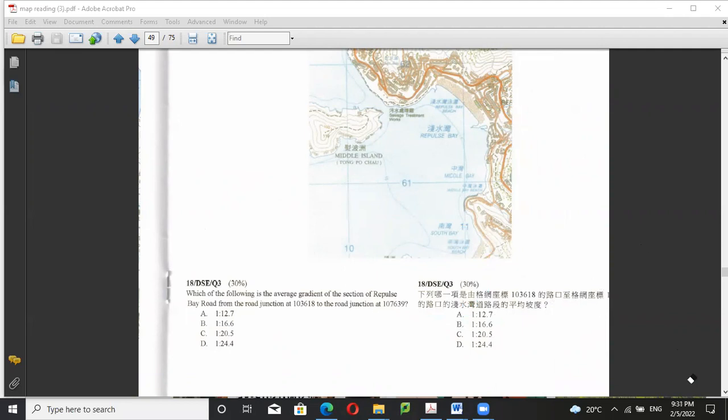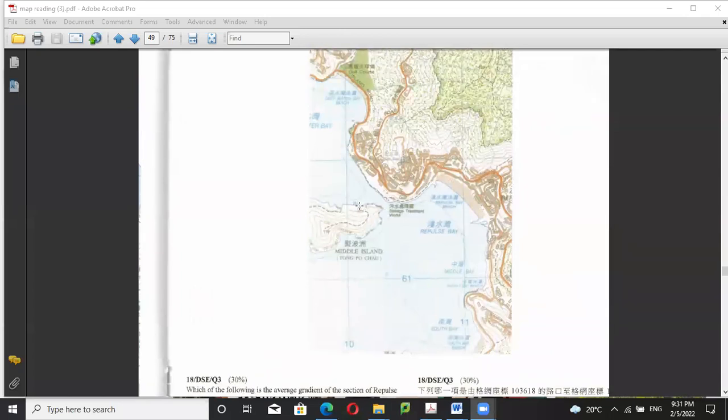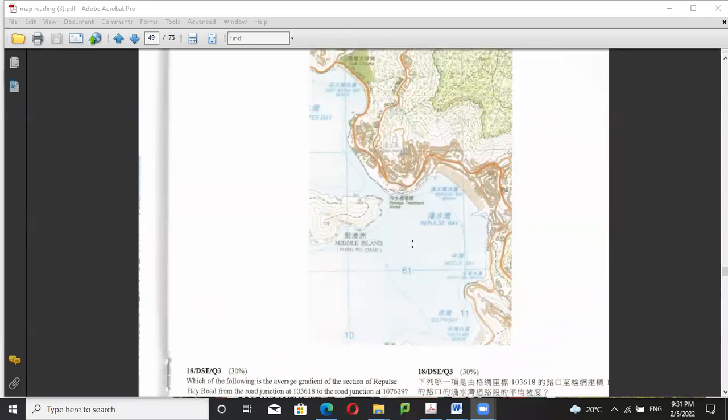So which is talking about 103.618 to 107.639. Let's see where it is. 103, where's 10? Right here. 103.618, around here.